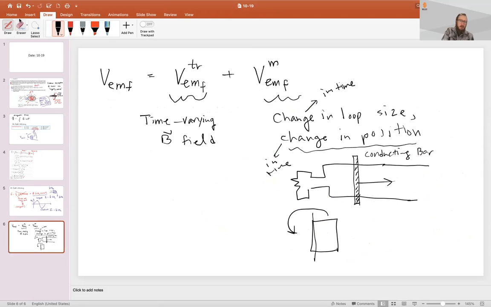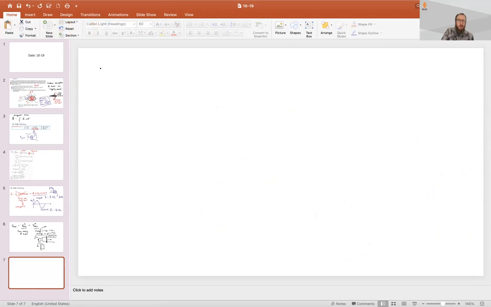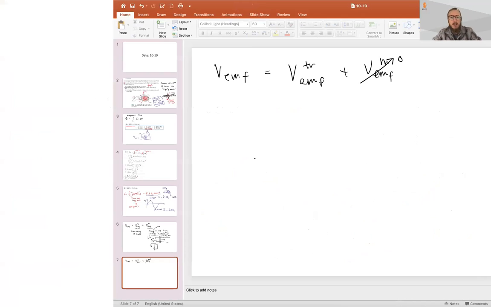So for this problem, we have the VEMF equal to the transformer EMF and the motional EMF. And we don't have any loop motion. There's no loop motion at all. So all of the electromotive force is going to be due to the change in the magnetic field.